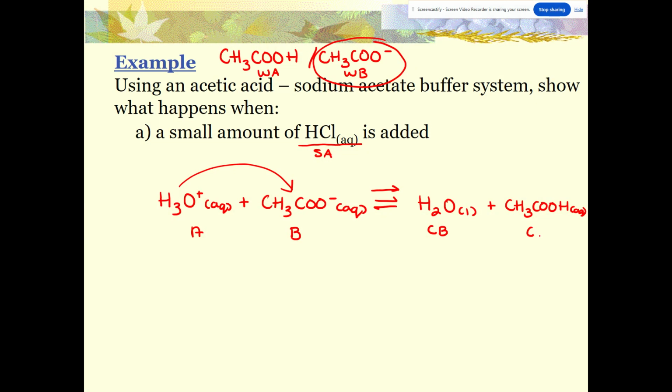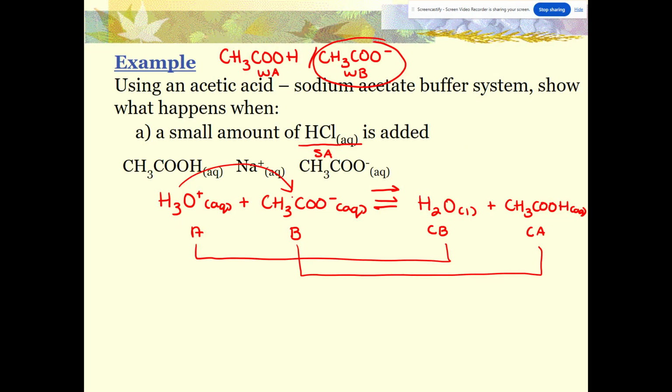So that's why this withstands a large change in pH, because I'm making products, water, which I already have, and acetic acid, which I already have. So it's going to prevent against that. So if I add an acid, the base portion, the acetate ion, is going to react with it.